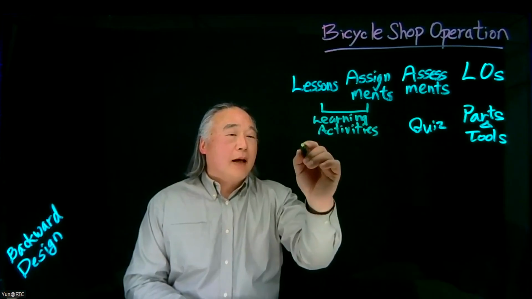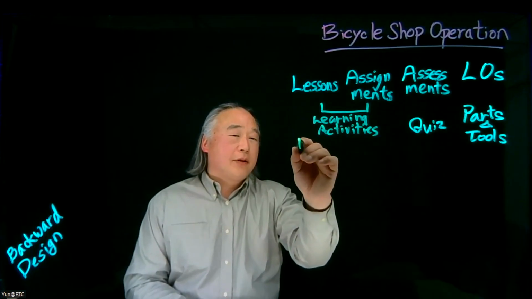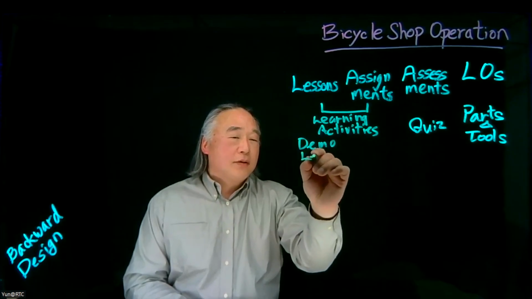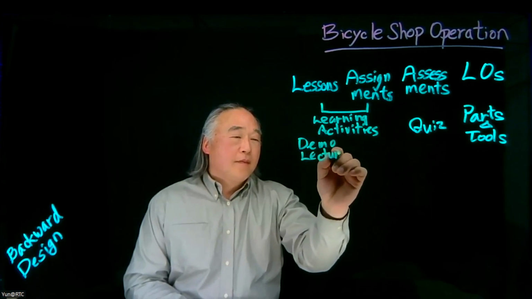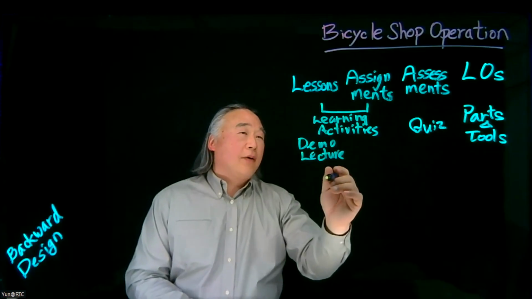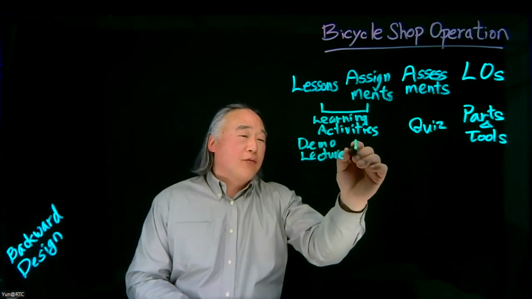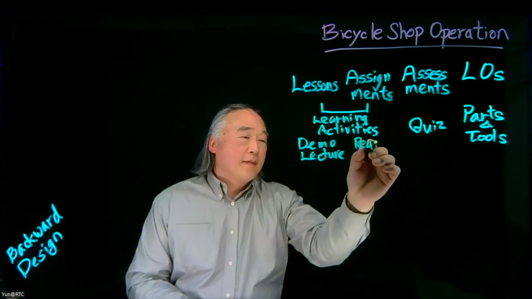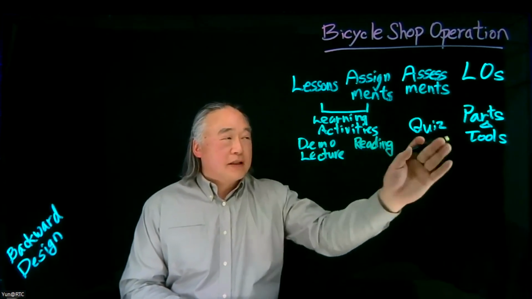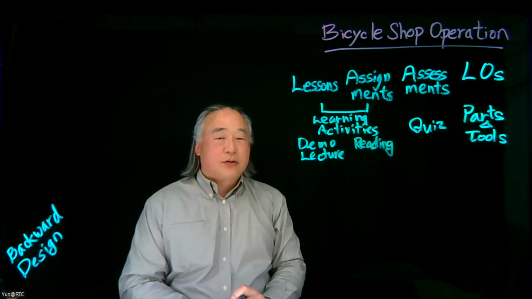Such as I could have a demonstration or lecture on parts and tools. And also I could have like a reading assignment of the chapters explaining parts and tools and so on.